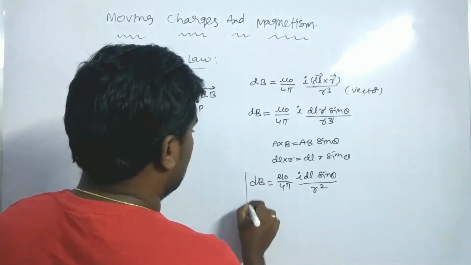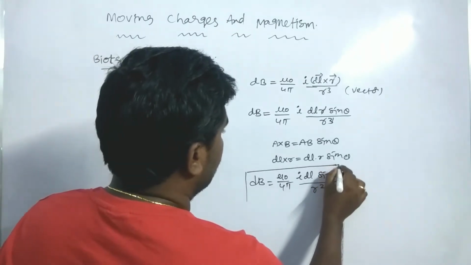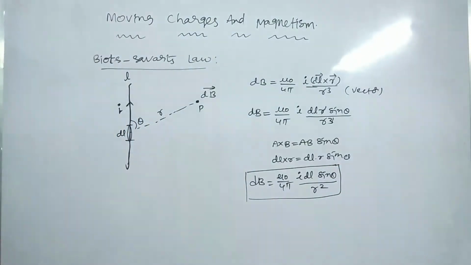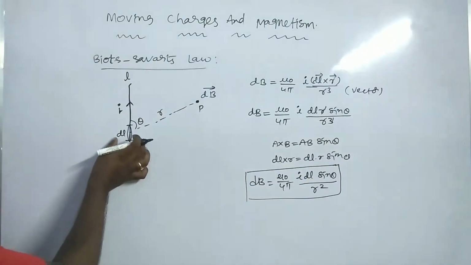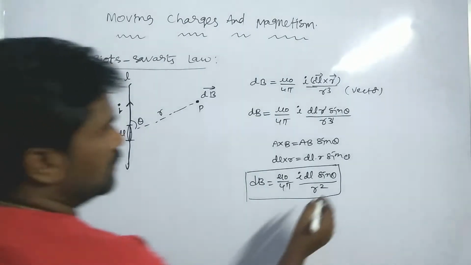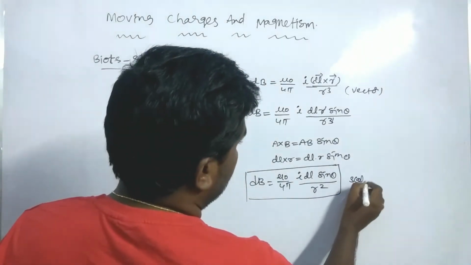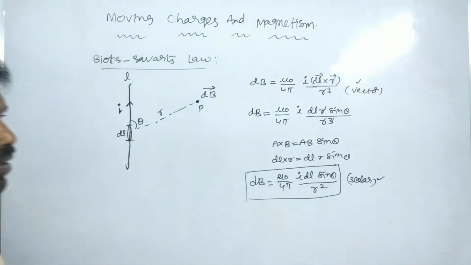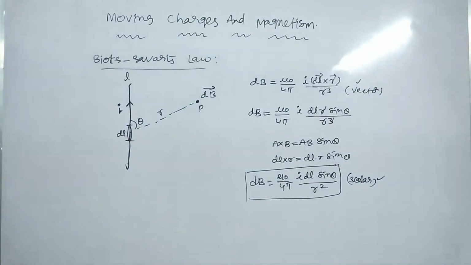So this is the magnetic field acting at the point which is at r distance by the dl length element. So this is the vector form and this is the scalar form of the magnetic field.